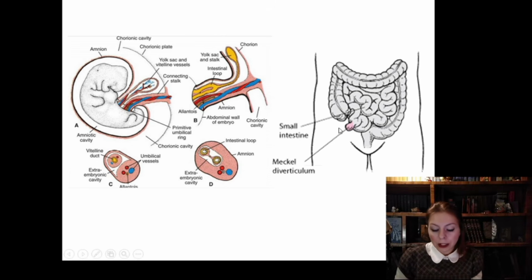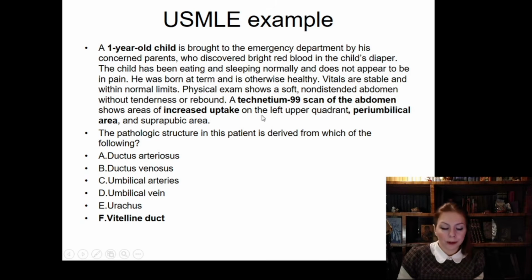And to reveal this diverticulum, a special procedure is performed with technetium-99, and normally it is absorbed by the stomach, and it is revealed in the left upper quadrant of the abdominal cavity, also in the suprapubic area, because the urinary bladder might concentrate it. But if we can see increased uptake of this isotope in the periumbilical region, this is the symptom of the Meckel diverticulum, and you should understand that it is formed out of the vitelline duct.